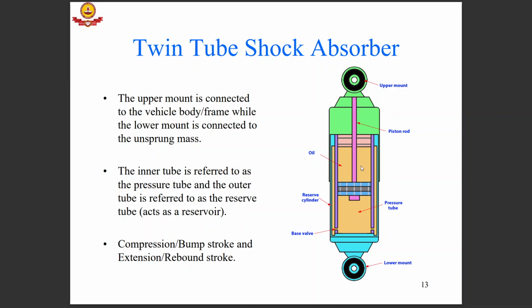So what actually happens in such a thing is, when there is displacement of the piston rod because of the vehicle's vertical motion, the oil has to pass through these holes in the disc. This passing of oil through those holes essentially creates the resistive force.